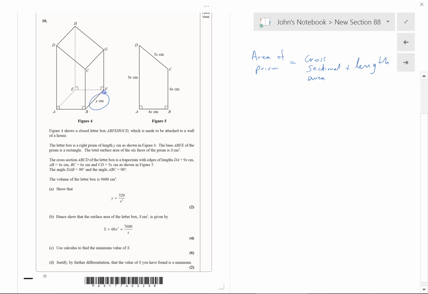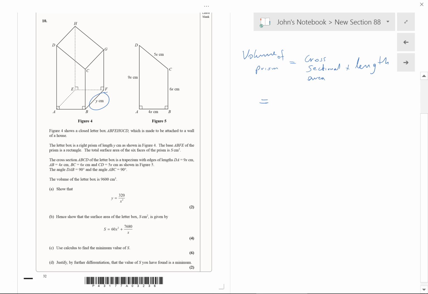In this case, length will be equal to y. So that's what it's asking us for, to get that equation there. No such thing as an area of a prism because it's a 3D shape. Surface area maybe. Volume of a prism is cross-sectional area times length.